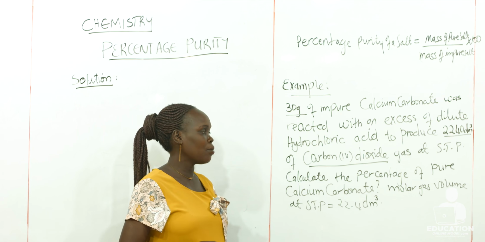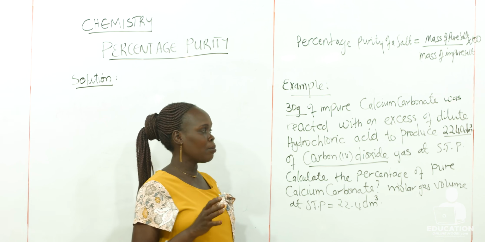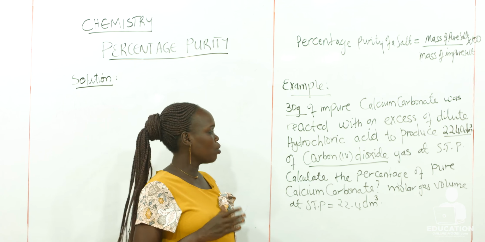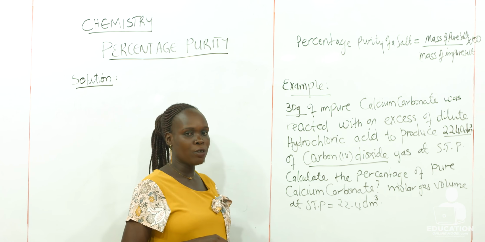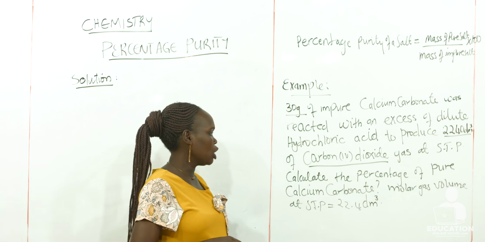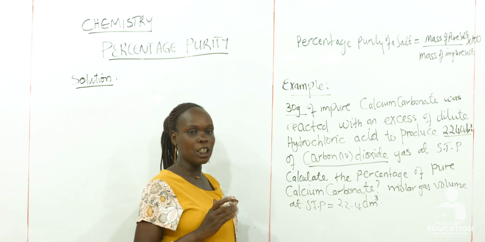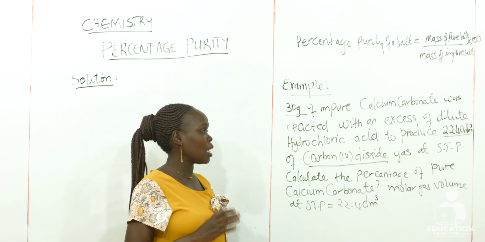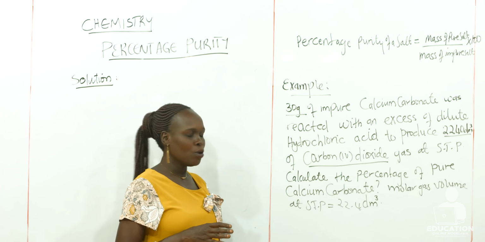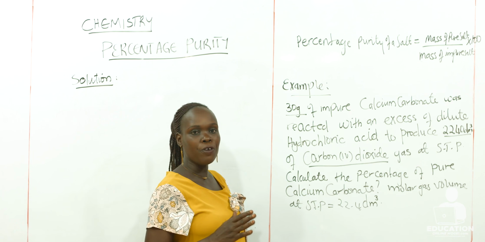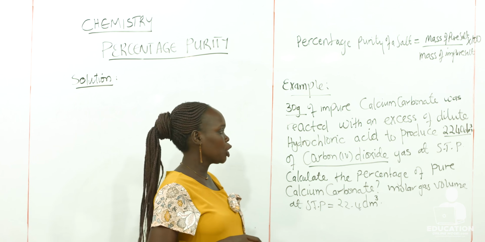So it means calcium carbonate, which is pure, produces carbon dioxide with that amount of 2240 decimeter cube at STP. The standard temperature and pressure molar gas volume will be equal to 22.4 decimeter cube.